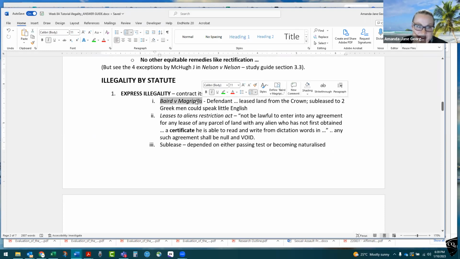Baird and Magripilis. That was an older case where you had, as it says there, the defendant leased land from the Crown and it was subleased to two, I really feel sorry for these plaintiffs, Greek men who could speak little English, and the Leases to Aliens Restriction Act. How about that for the name of an act?